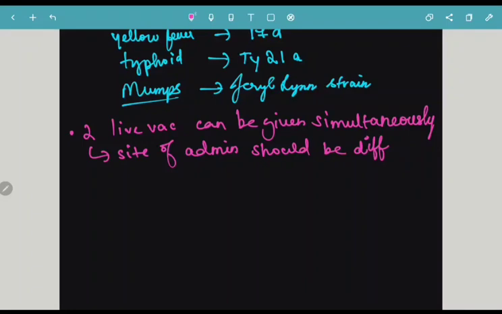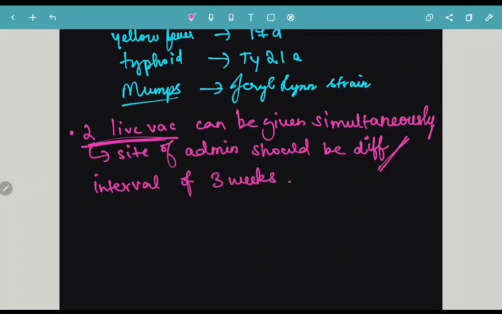Now when two live vaccines are required, they should be given either simultaneously at different sites or with an interval of 3 weeks. Say suppose two live vaccines you want to give. Either you can give both of them simultaneously but at different sites, or else you can give these two vaccines at an interval of 3 weeks.